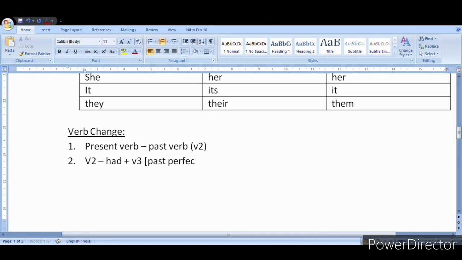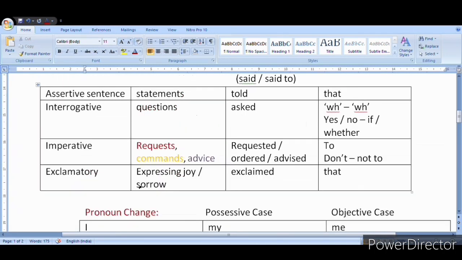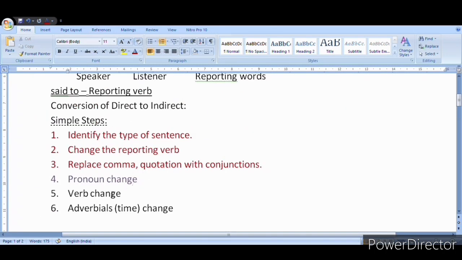Only these two tenses you keep in your mind very clearly, and this is more than enough to convert direct speech to indirect speech. It is not necessary to learn by heart all the 12 types of tenses and verb changes. It is the simplest technique, and you can easily convert direct speech to indirect speech, particularly this verb change part.